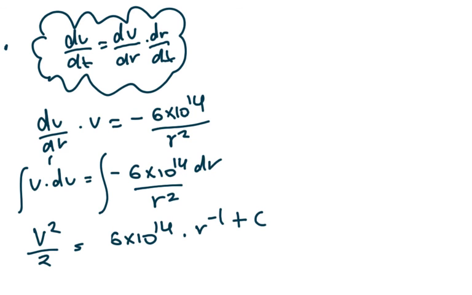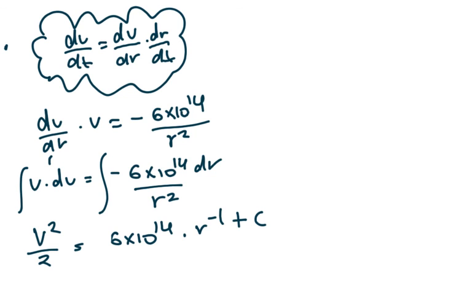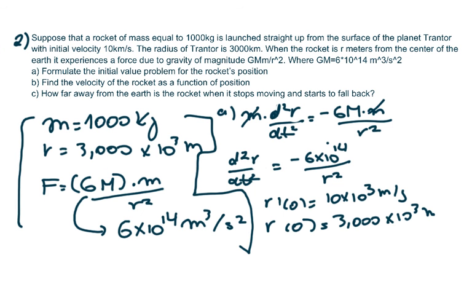You don't have to worry so much about the constant. So as you can see, we have this, and this is going to be the velocity of the rocket as a function of position. Obviously, you can take the square root of both sides, you can multiply everything by 2, but this is essentially the relation that we have.